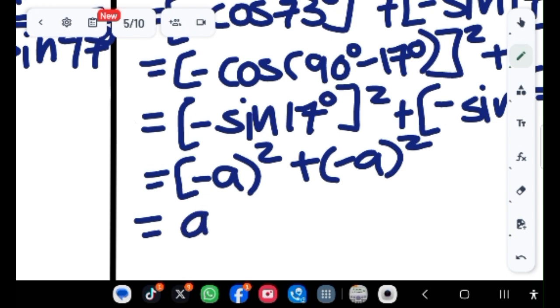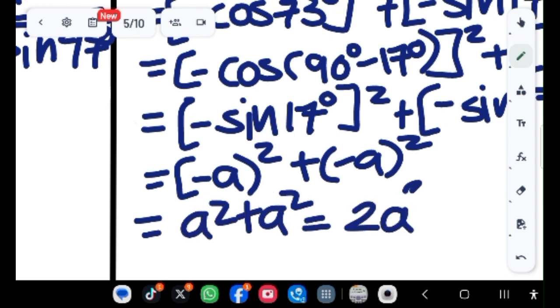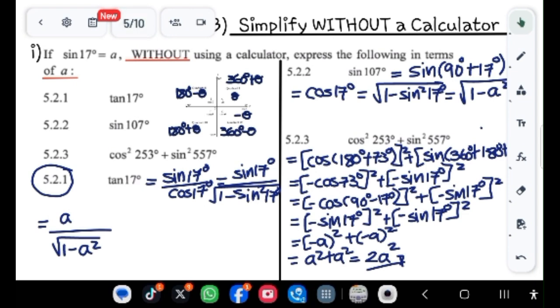Now that gives us a squared plus a squared, which when we add together gives us 2a squared, and that's how you simplify this. That's how you simplify without a calculator.